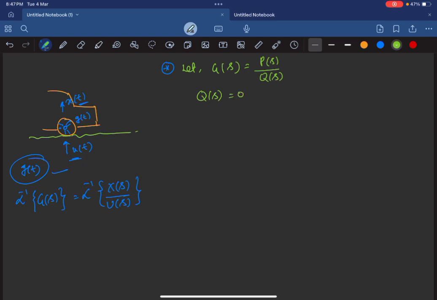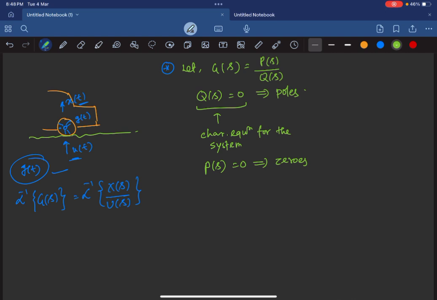Then if you set Q(s) equals 0, this is known as the characteristic equation for the system, and if you solve this, you get the values of s, which are known as poles. And if you set P(s) equals 0 and solve, you get some s values, which are known as zeros of the given system.